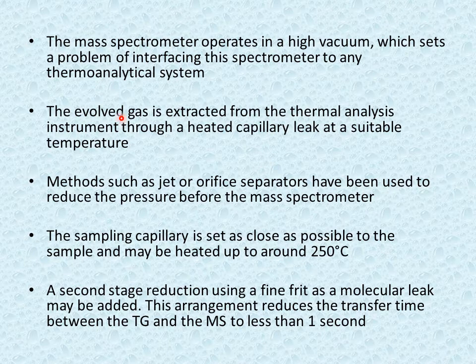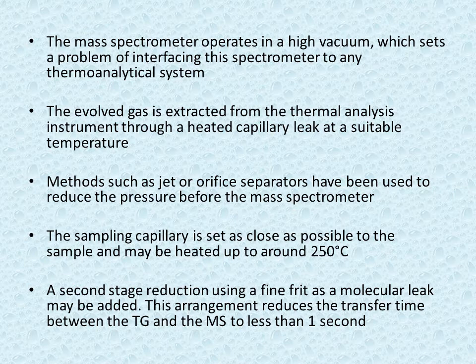So these evolved gases are extracted from that instrument through a heated capillary leak at a suitable temperature. Methods such as jet or orifice separators have been used to reduce the pressure before the mass spectrometer.